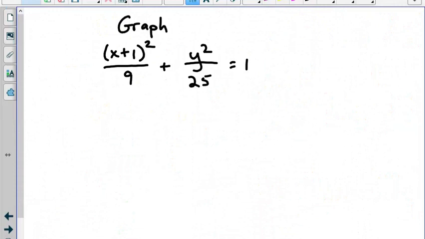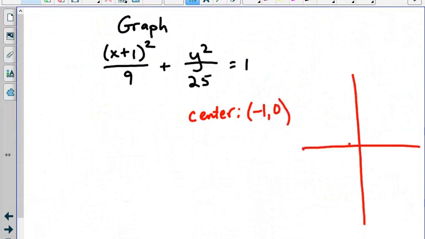Graph (x plus 1) squared over 9 plus y squared over 25 equals 1. And then we'll deal with all the other things that go along with it. So the center is at negative 1, 0, because h comma k is negative 1, 0. Notice that a is 3 and b is 5.